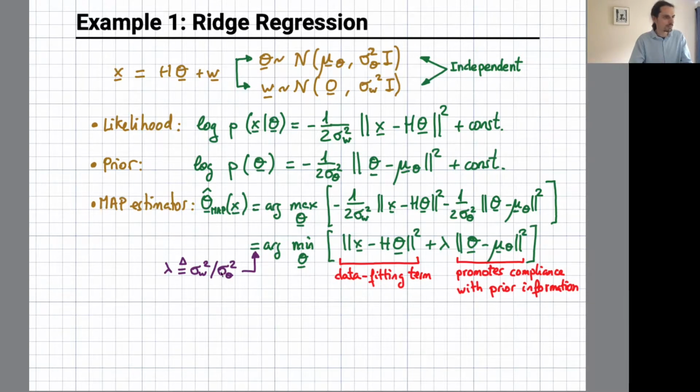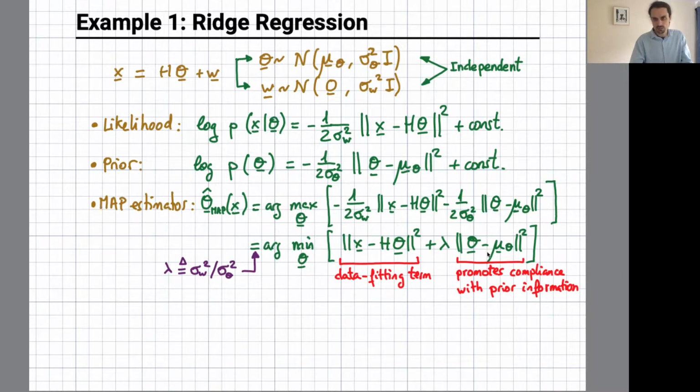So, for example, if sigma w is large, meaning that our x is very noisy, or if our sigma theta is small, meaning that our prior information is very certain, in that case lambda is large, and therefore the optimum of this objective will be close to the optimum of this second term.